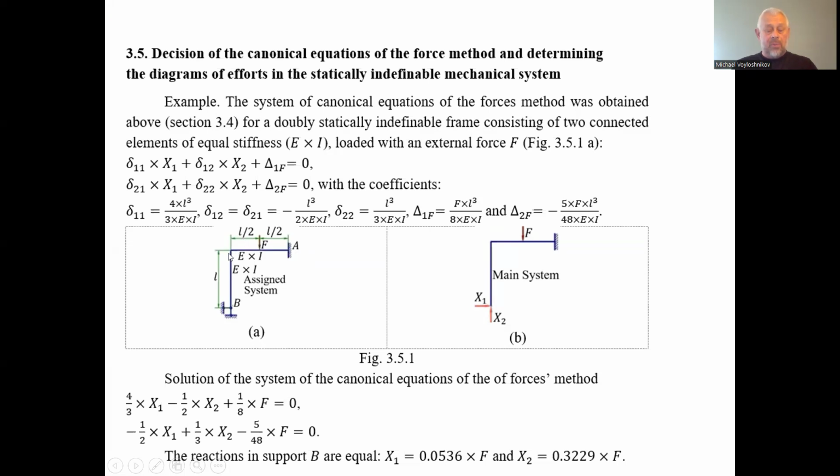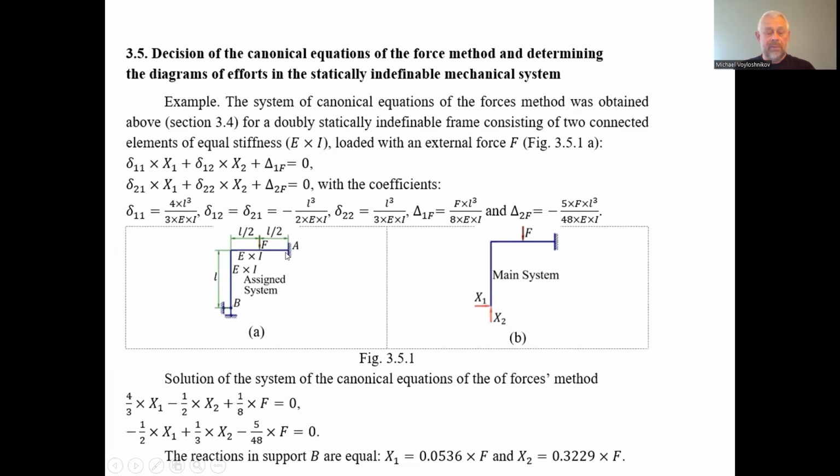From the corner, from the embedding, the distance to the application point of the force F is L divided by 2. And the system assigned is statically indeterminate because we have three balance equations on the plane, and we have 5 unknowns to find all the support reactions.